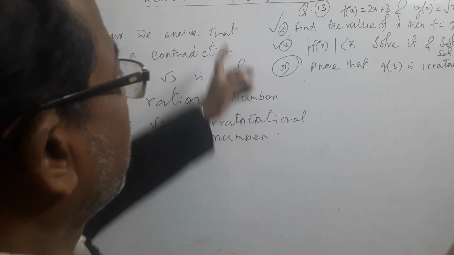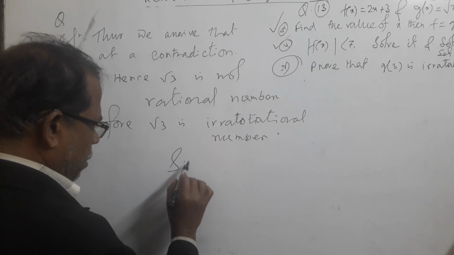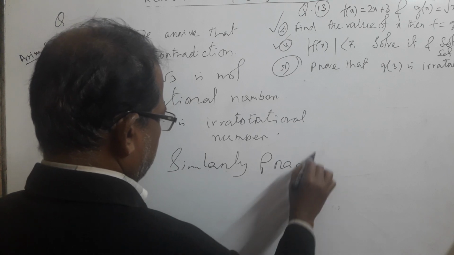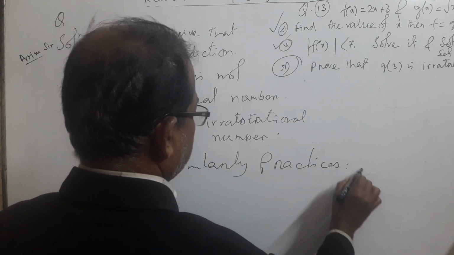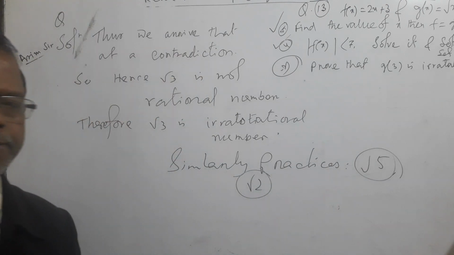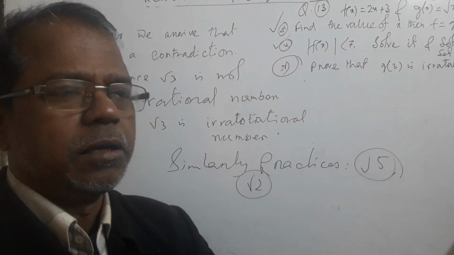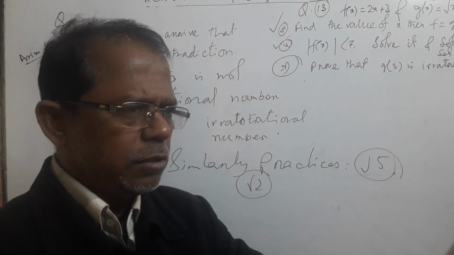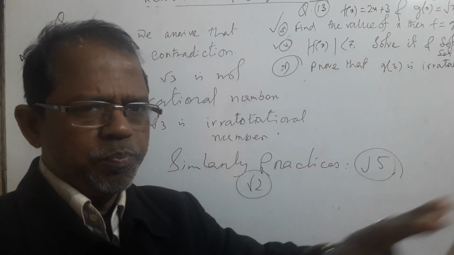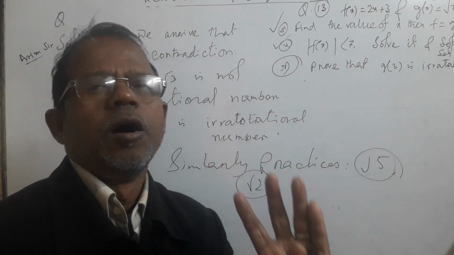Then obviously you will clear this process, and similarly practice root 5 and root 2 in the same way. You have to do root 5 and root 2 as homework. All students, all guys, all learners, no problems at all. You have to practice obviously.